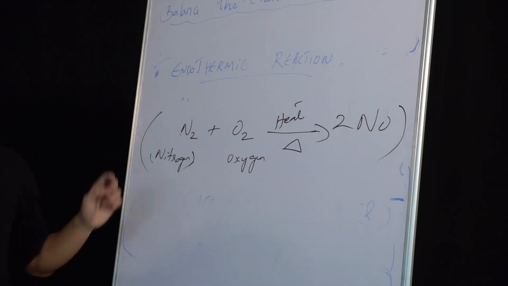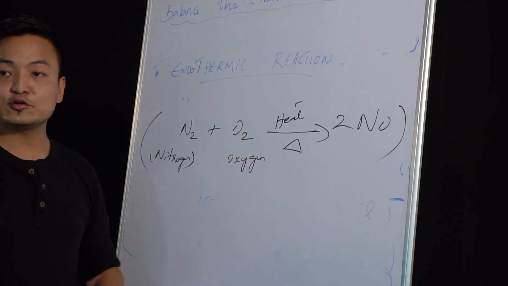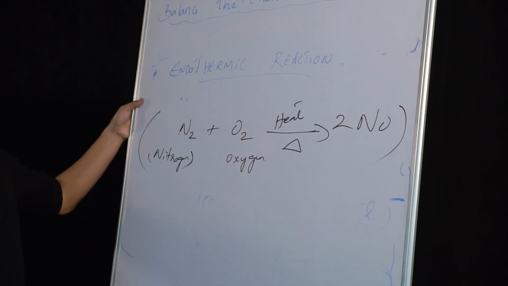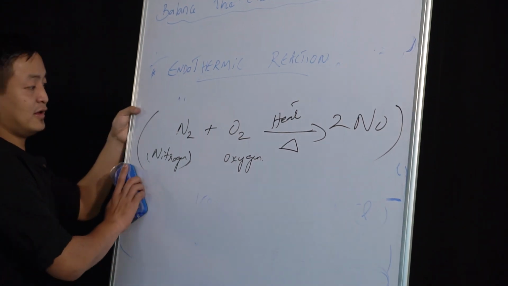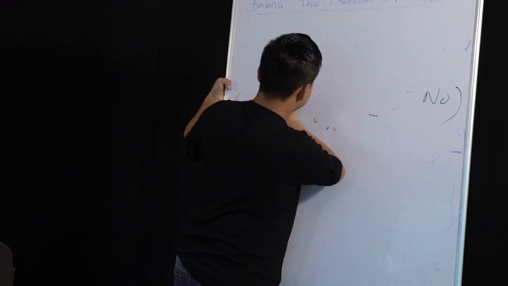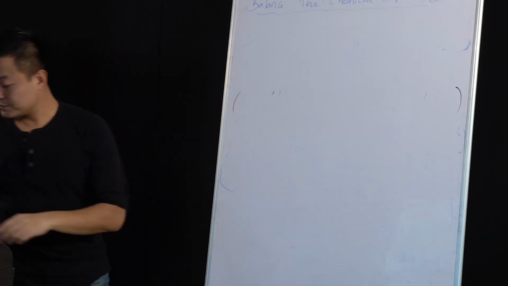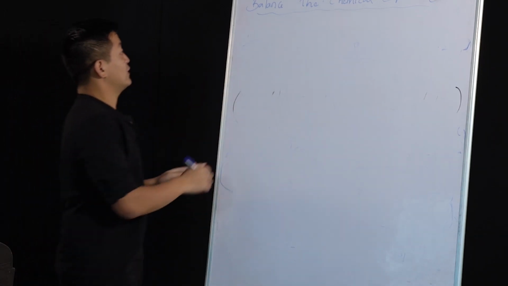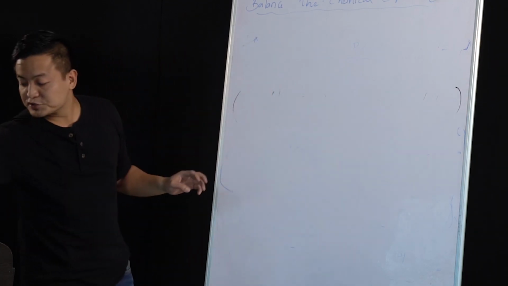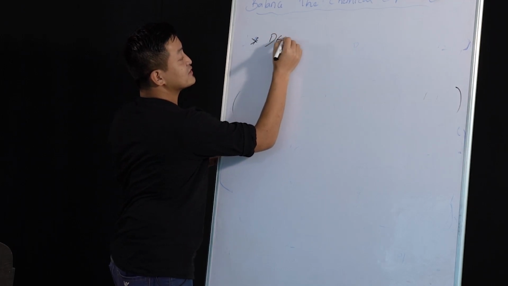Clear? So the next type of reaction that we will study would be decomposition reaction. So students, have you noted down this one? Please note this one. Okay. Now the next type of reaction which we will study is decomposition reaction.